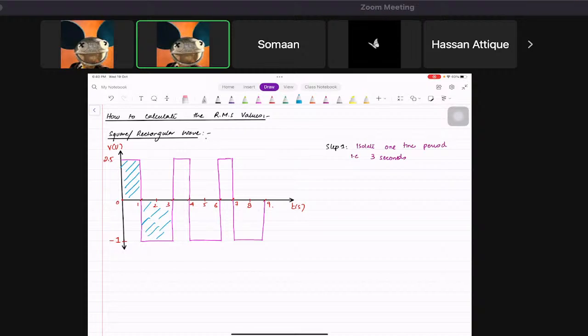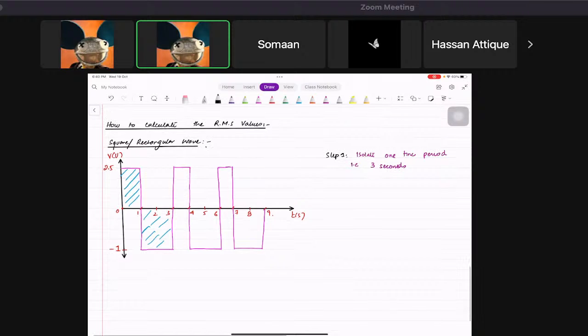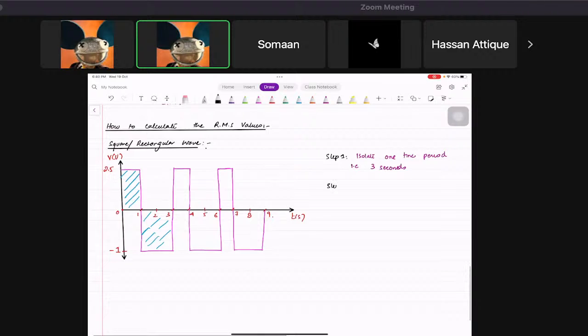The next thing you're going to do, in step 2, is square all the values over this time period. Now, if I square this, you don't have to do this, I'm just showing you what it would look like. So I'm now doing v square and t.